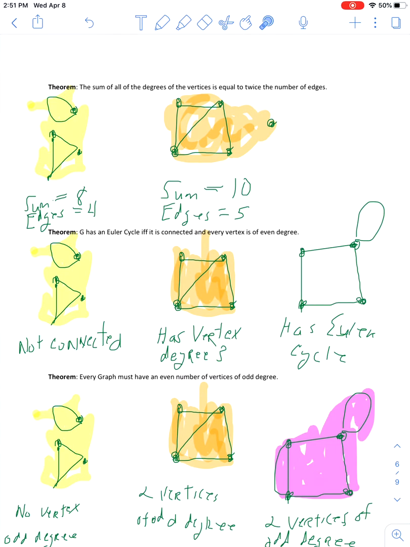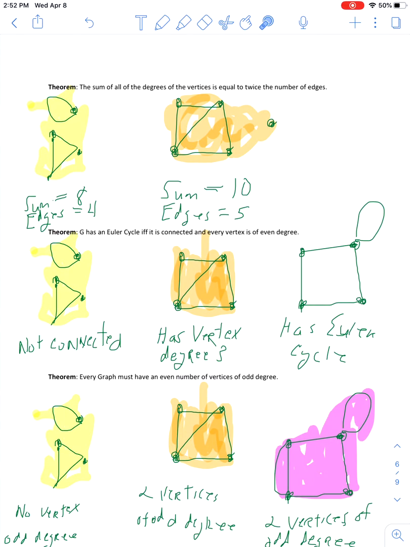All right, so this theorem gives us a way to just look at any graph and determine whether or not it's got an Euler cycle. To have an Euler cycle, it's got to be connected, and every vertex has to be of even degree. All right, so if I look at this one, notice every vertex is of even degree. They're all degree 2. But this graph is not connected.